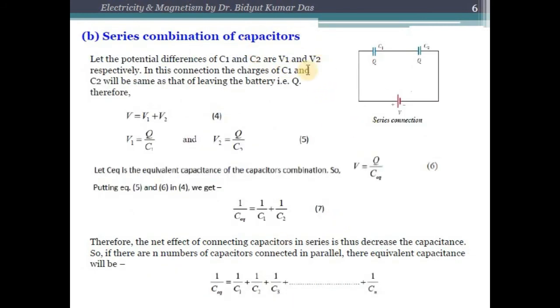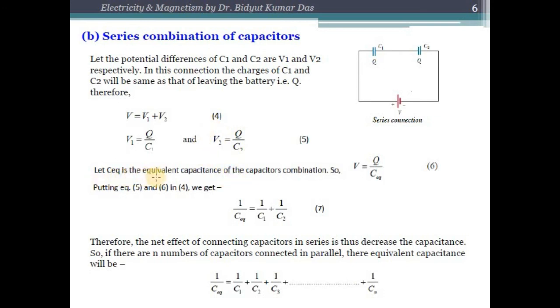On the other hand, in series combinations of capacitors, the capacitors are joined end to end to a battery. For example, this is the simple circuit of series connections. C1 and C2 are capacitors joined to this battery in series, and let us consider that V1 and V2 are the potential differences across C1 and C2, and therefore the potential difference can be represented as V equal to V1 plus V2, where V1 is given by this and V2 is given by this relation.